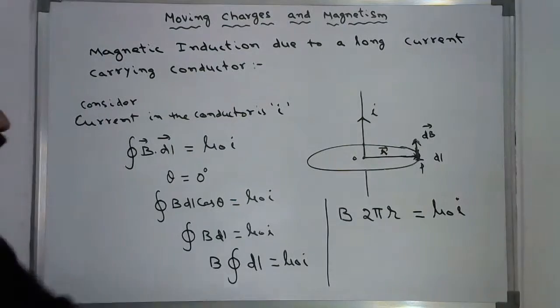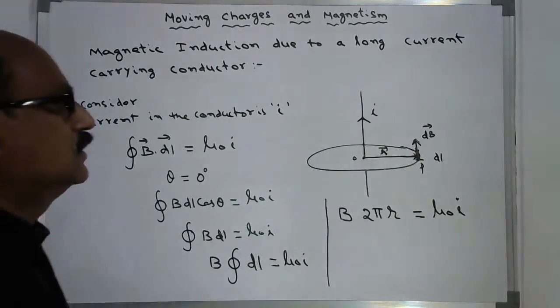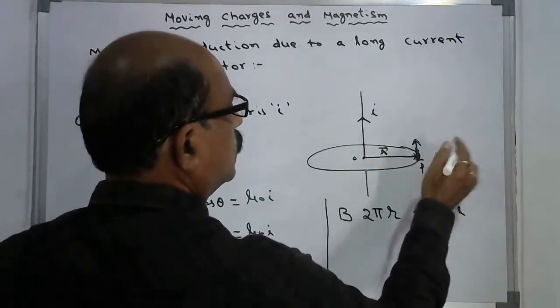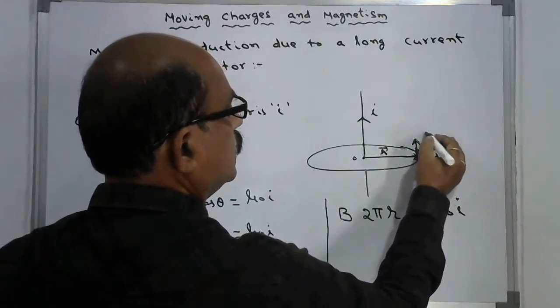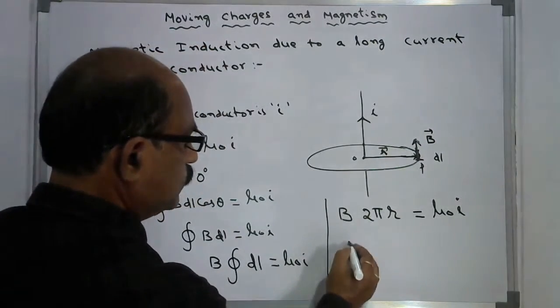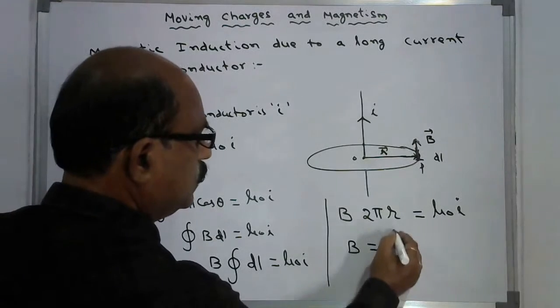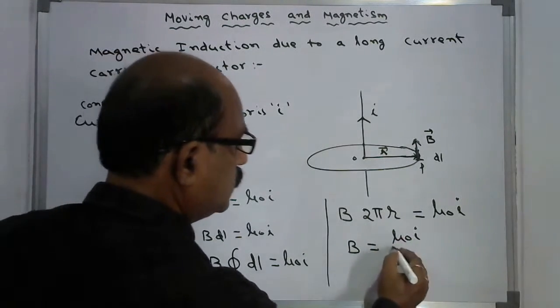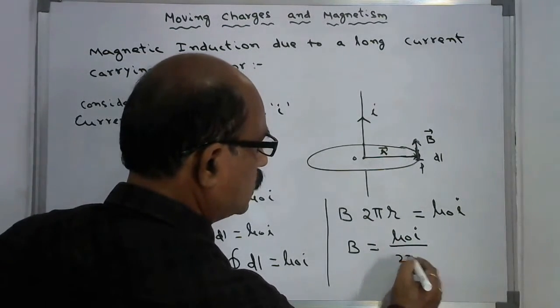So you can find the field at this point: B is equal to mu naught I by 2 pi r.